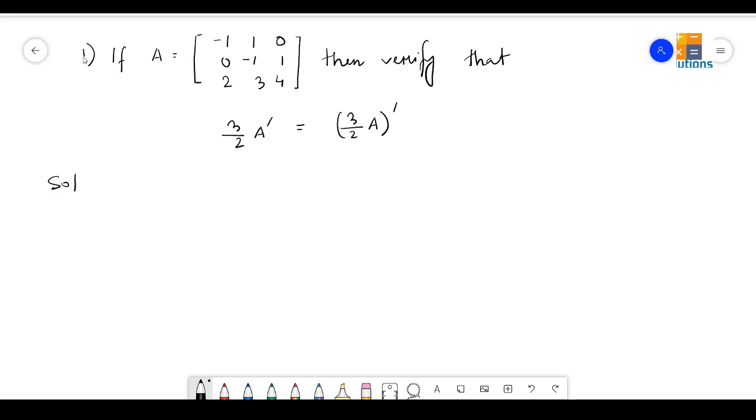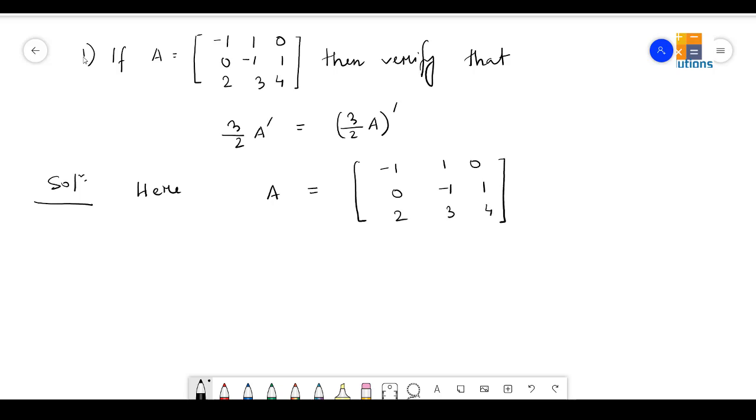So coming to the solution part, the question says that along with A we need to get A dash also, then only this verification can be performed. Here what is A? Let us write that first. A is equal to -1, 1, 0, then 0, -1, 1, then 2, 3, 4.